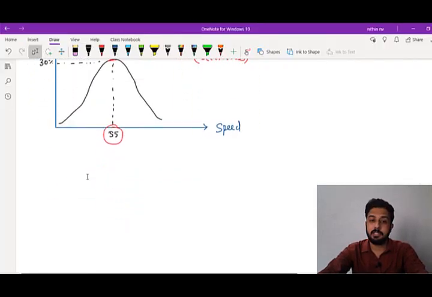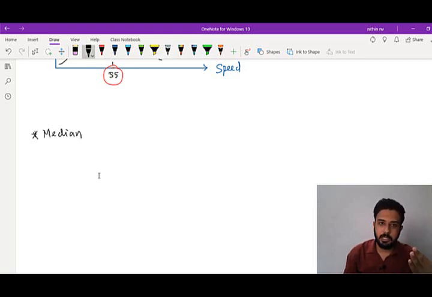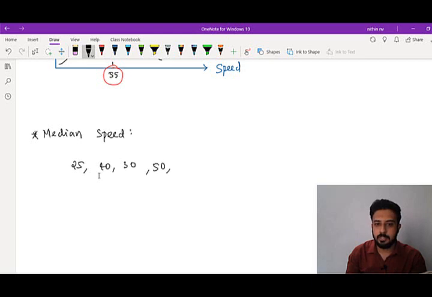Now I am telling you another speed, which is called median speed. So what do you mean by median speed? As of now we have seen design speed, maximum speed limit, minimum speed limit, then modal speed, now median speed. Now what do you mean by median speed? If I am simply writing some speed values, suppose 25 kmph, 40 kmph, 30 kmph, 50 kmph, 15 kmph, let it be.